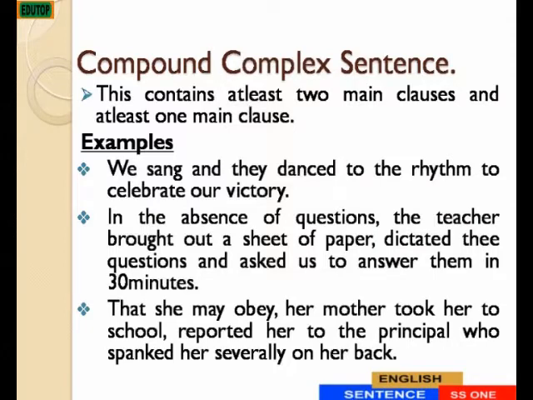The teacher brought out a sheet of paper is the main clause, dictated the questions is the main clause, asked us to answer them in 30 minutes is a main clause. You can put it this way in another form. The teacher brought out a sheet of paper, the teacher dictated the questions, the teacher asked us to answer them in 30 minutes. So the subordinate clause in the sentence is in the absence of questions.